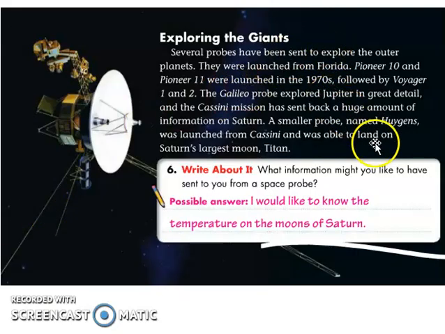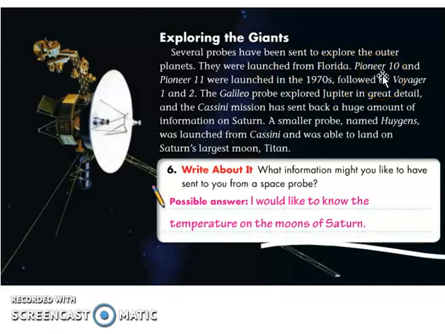Exploring the giants. Okay, many scientists, astronauts, and explorers have already sent probes. A probe is like a big camera. They send it to outer space to get information and data. Okay, they launched the first probe, whose name is Pioneer 10.